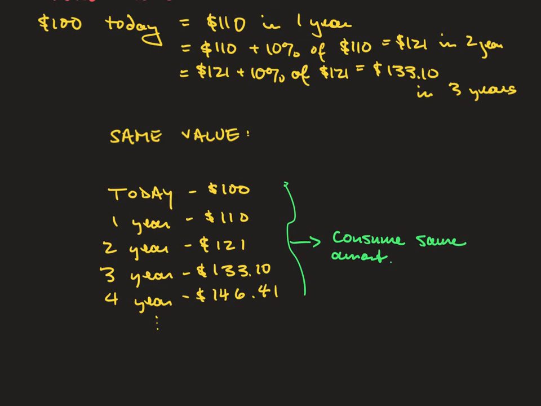So if you're going to make your big purchase 4 years from now, you don't care whether you're given $100 today or $133.10 in 3 years or $146.41 in 4 years. All of those will allow you the same consumption in year 4 or in year 10 or in year 2. All of these amounts are equivalent.